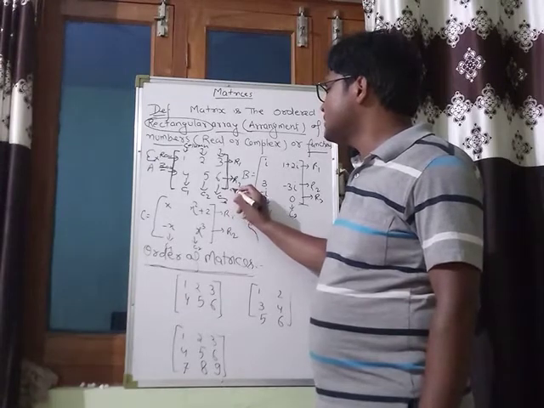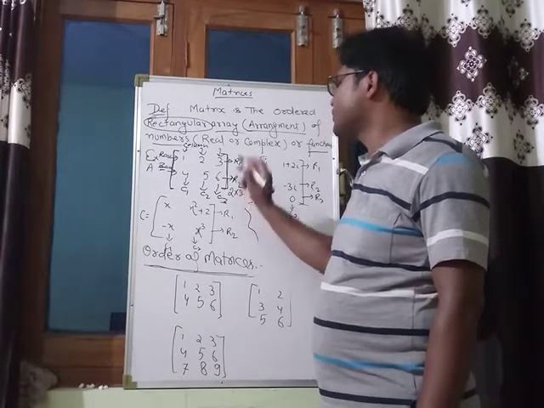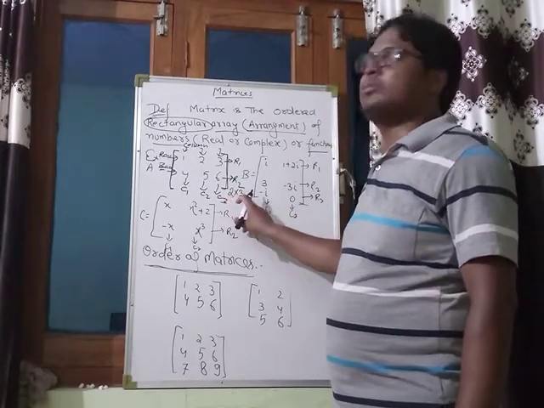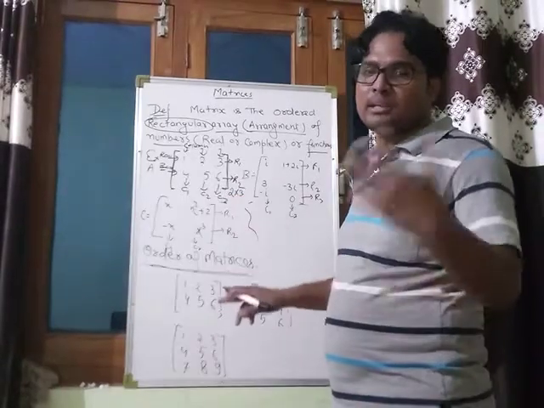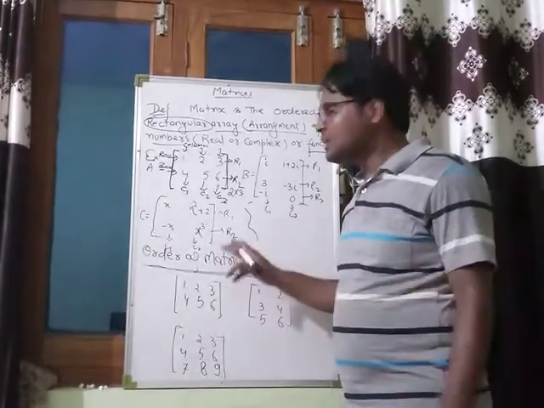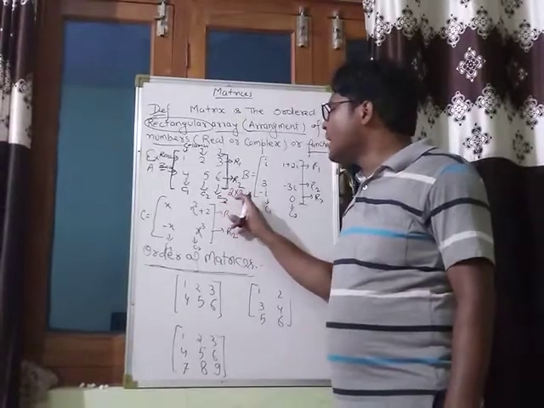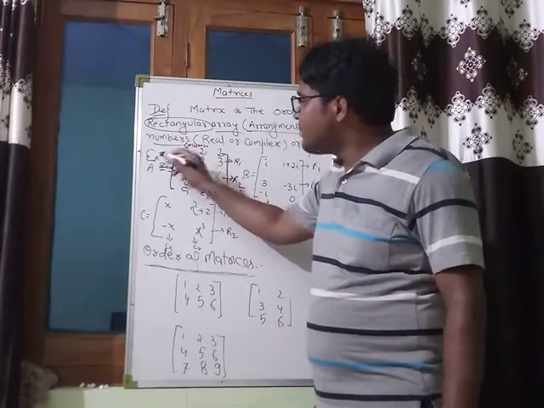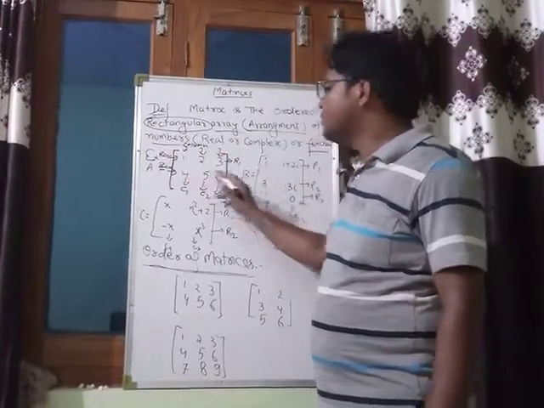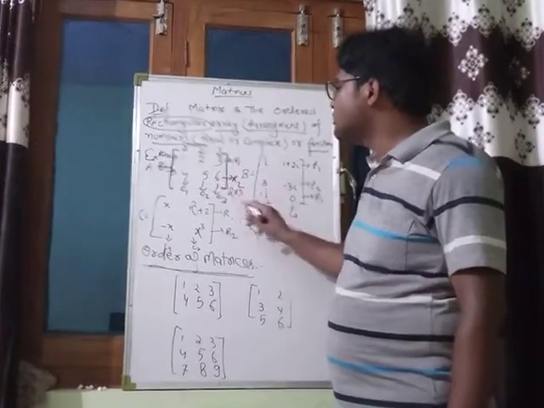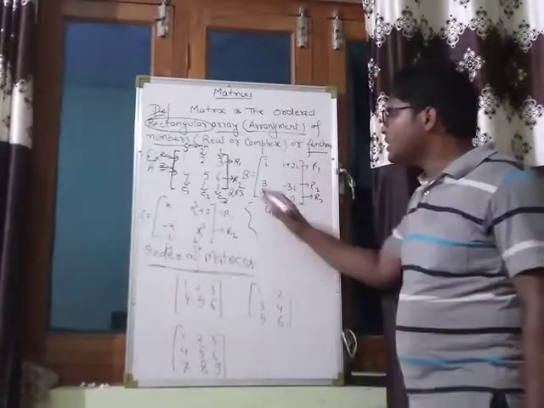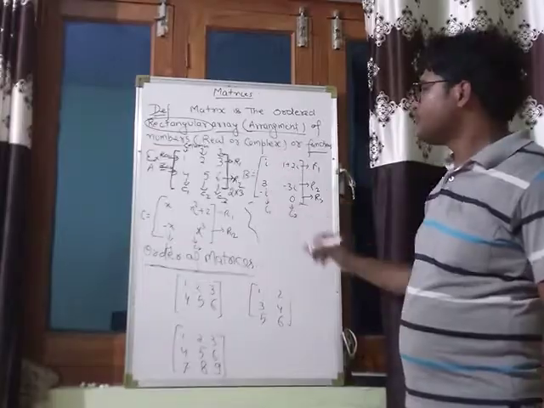So this is represented by 2 by 3. It is written as 2 into 3, and read as 2 by 3. So what is the order of this matrix? There are 2 rows, 3 columns, so 2 by 3. What is the order of this matrix B? How many rows? Sorry.